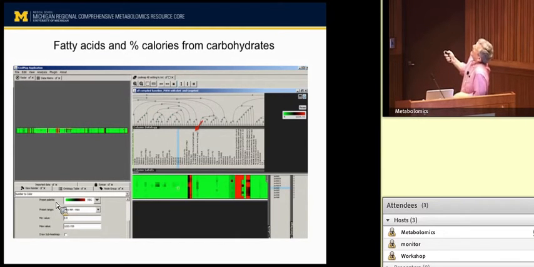If you look at the fatty acids in the blood that we measure and the percent calories that came from carbohydrates, using this cool map program, you can cluster things. This here is the percent calories from carbohydrates, and within that cluster are all these saturated fatty acids.